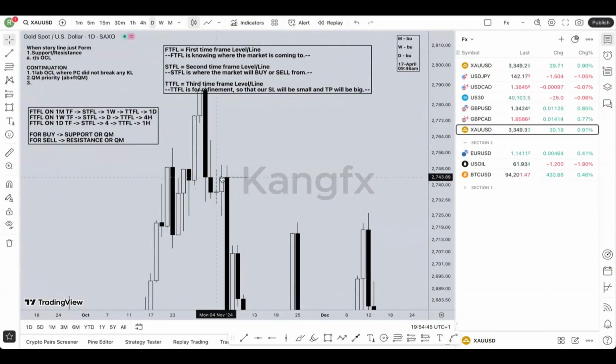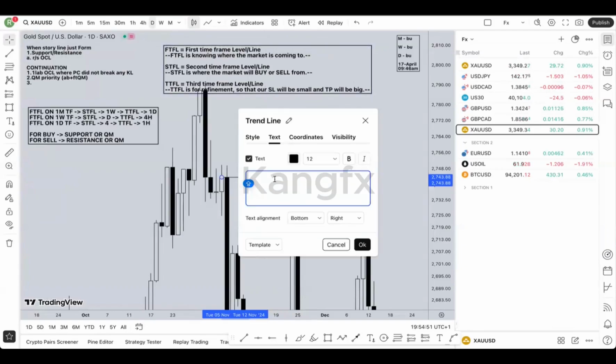So now, marking here as my FTFL, this is daily. I do this, FTFL, 1 day. That's on daily.